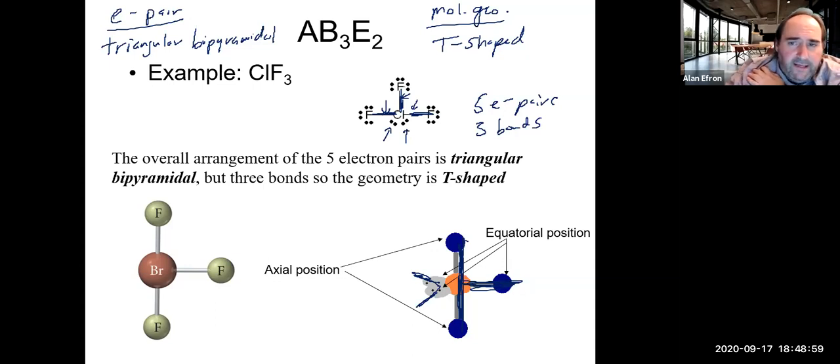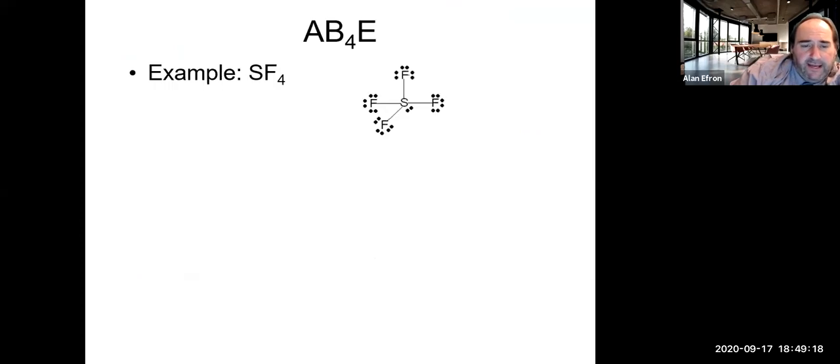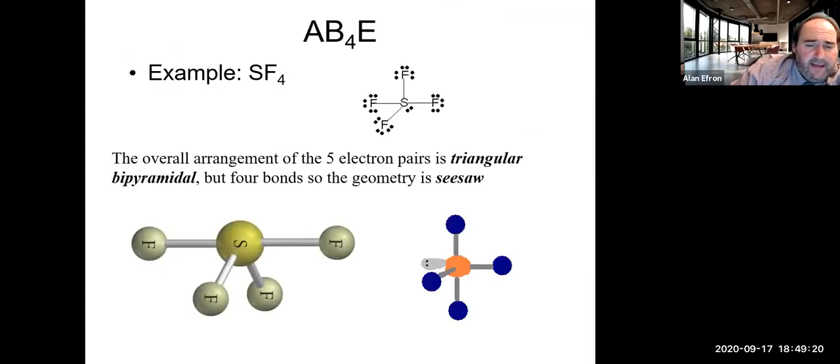And we have another one that has 5 electron pairs present and some bonds. Our next one will be a central atom with 5 electron pairs and 4 bonds attached. SF4 is an example of that.